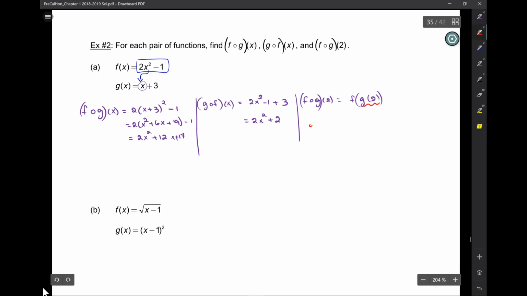You find g of 2 first, and that's 5. Then you do f of 5, and that'll be 2 times 25 minus 1, 49. Okay?